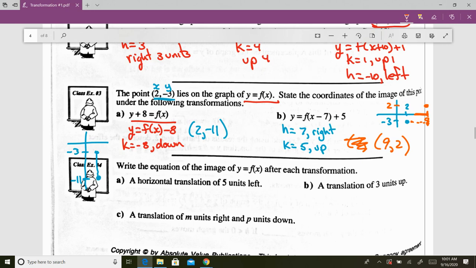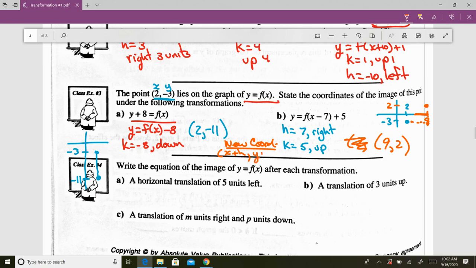Now, that's graphically, you can do it and you can kind of see it. There is a formula that will build as we move through this. And the formula is the new coordinates are the X value plus H, okay?